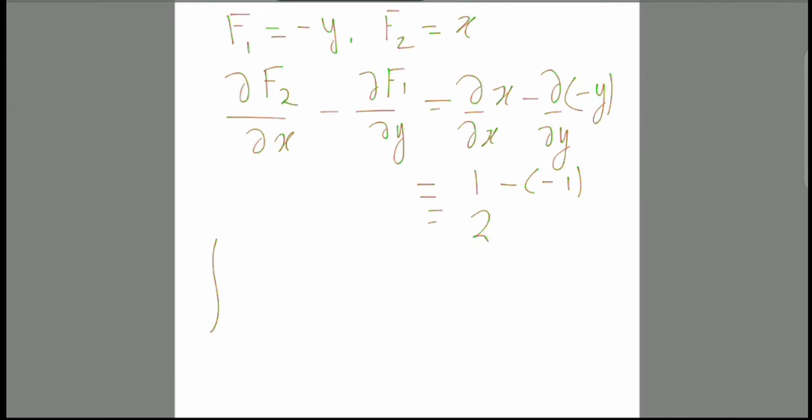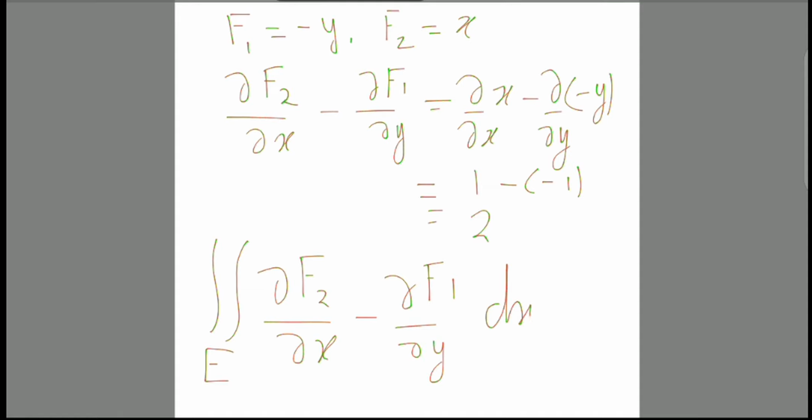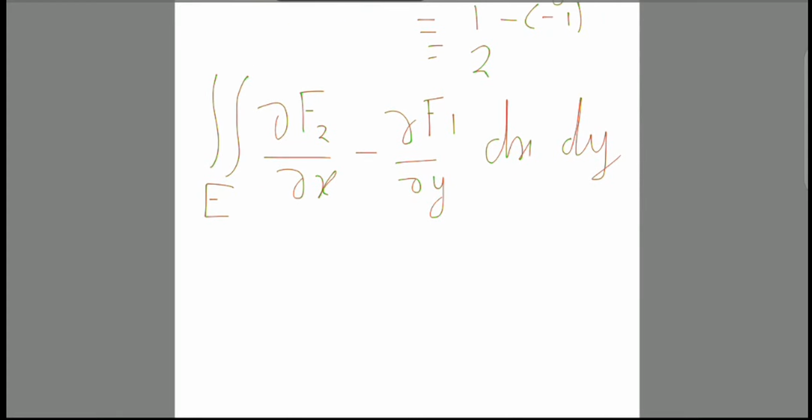So the double integral over the region of del f2 del x minus del f1 del y, dx dy, is equal to 2 times the double integral over the region of dx dy.